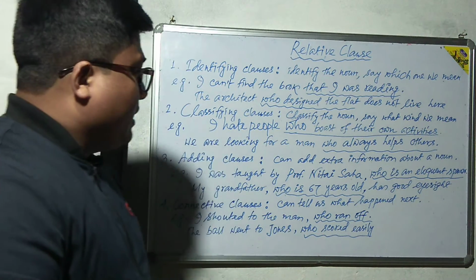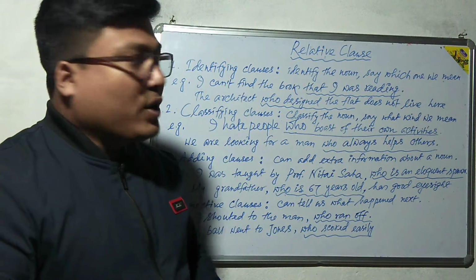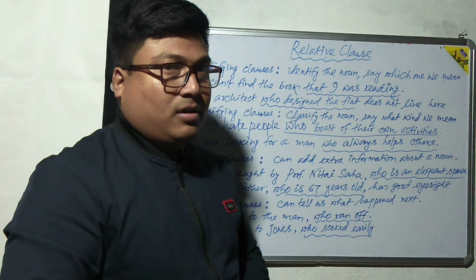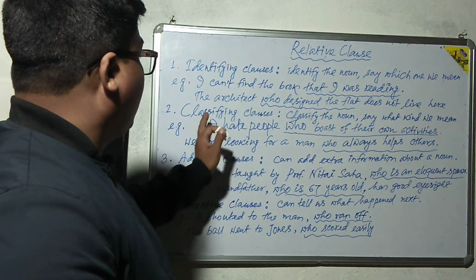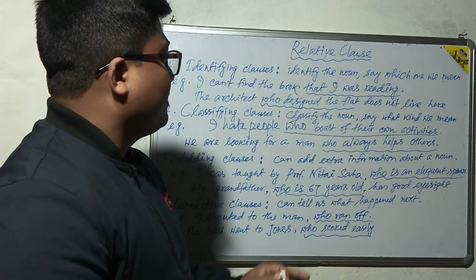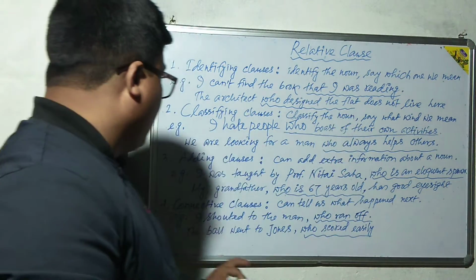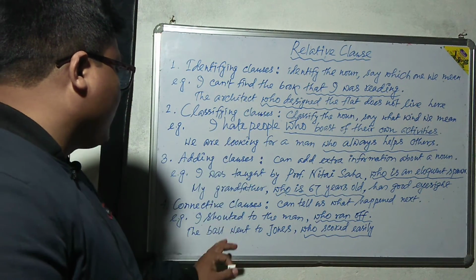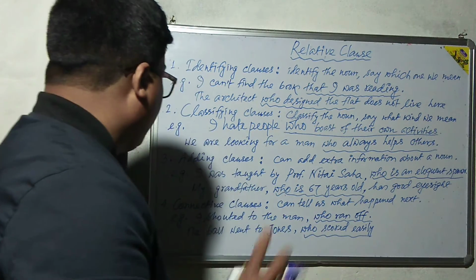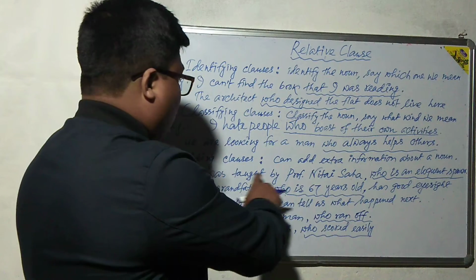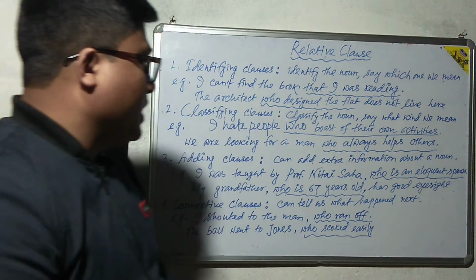At the time of writing, look at the distinctions among these four clauses. In identifying clauses and classifying clauses, there is no use of comma, but in adding clauses and connective clauses, we use a comma. Look at the example. I was taught by Professor Nitai Shah, comma, who is an eloquent speaker.